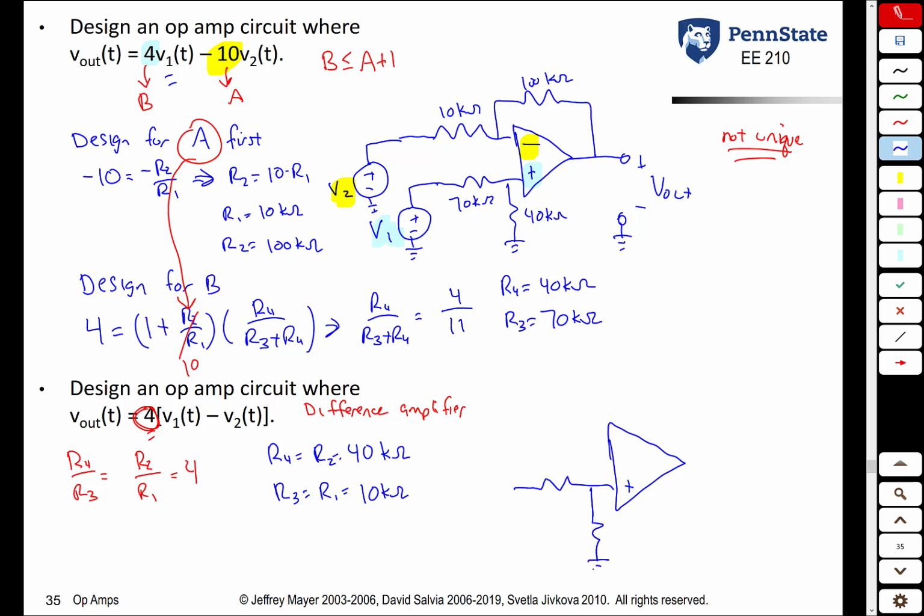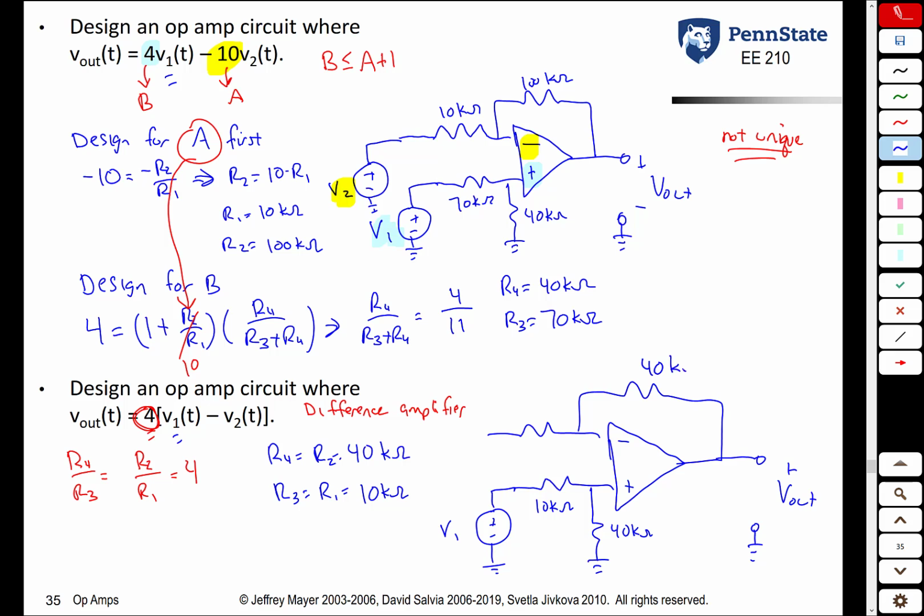If we then draw this circuit, R3 and R4, R4 is connected to ground, R3 is connected to the input that we don't want to invert. That's going to be V1. Then on the inverting side, we're going to have R2, 40 kiloohms, R1, 10 kiloohms, and then our inverting input, V2, gets connected there.